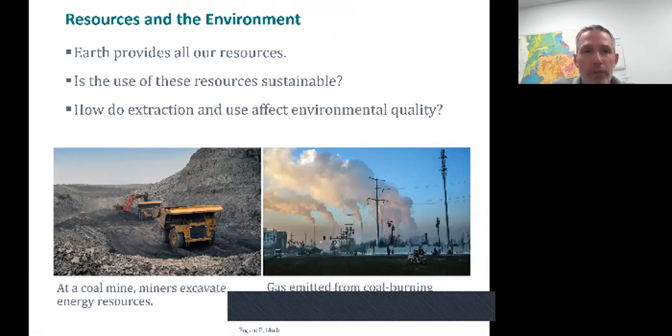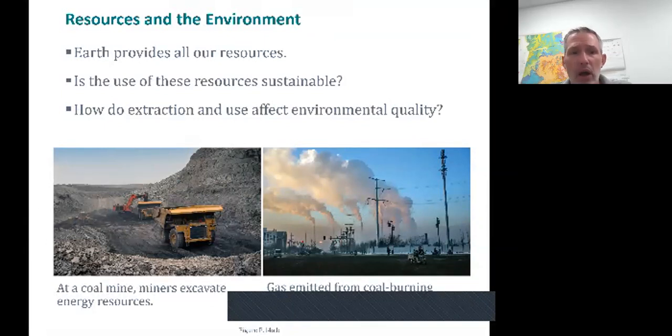You're going to have to come up with a different source. And so is the use of these resources sustainable? Are we finding new resources at the same rate that we are consuming those resources? How do extracting and using these affect the environmental quality?